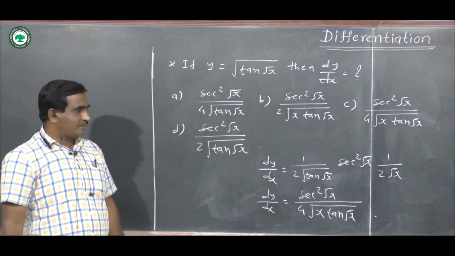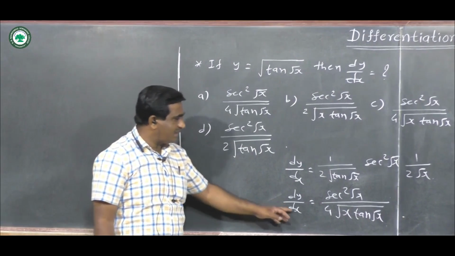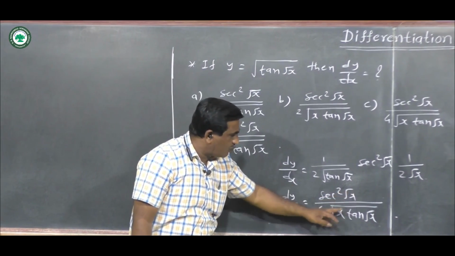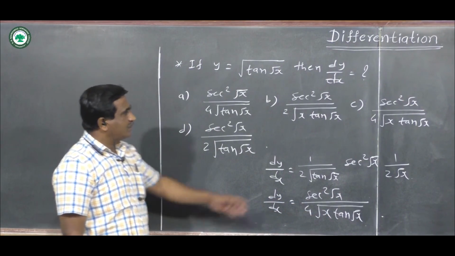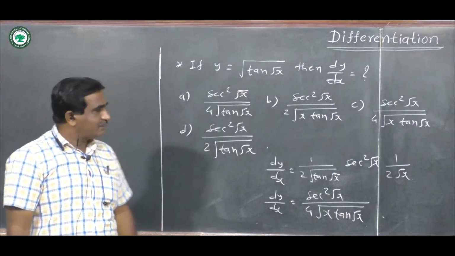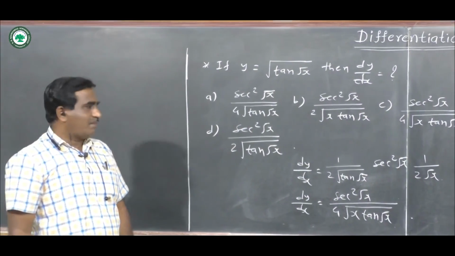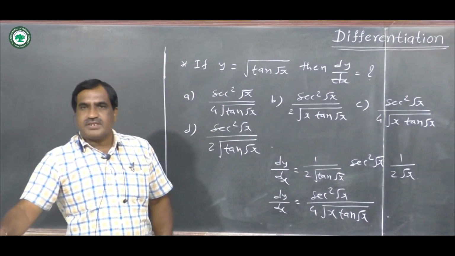We get the answer in two steps. Which option is correct? dy by dx is equal to sec square of root x upon 4 into under root x into tan of root x. This option, option number C, is the correct answer. We can find the derivative shortly like this. Now we see the next example here.